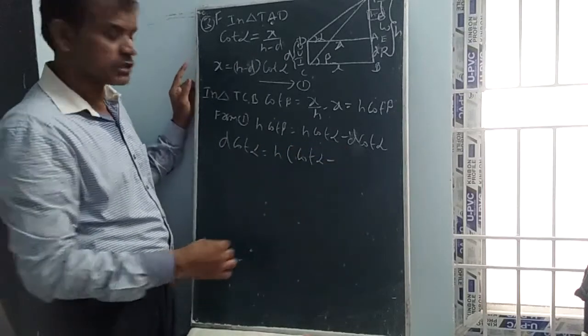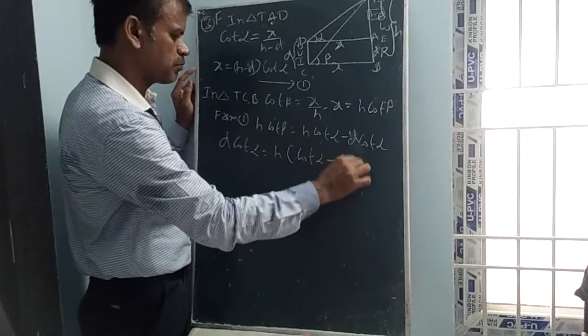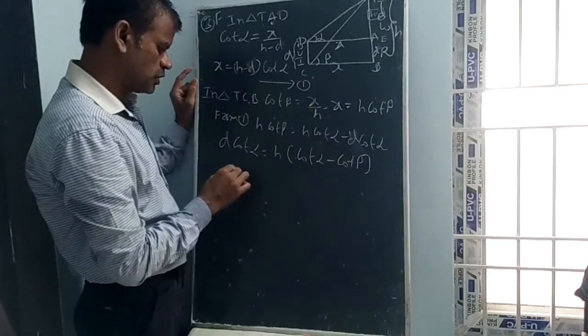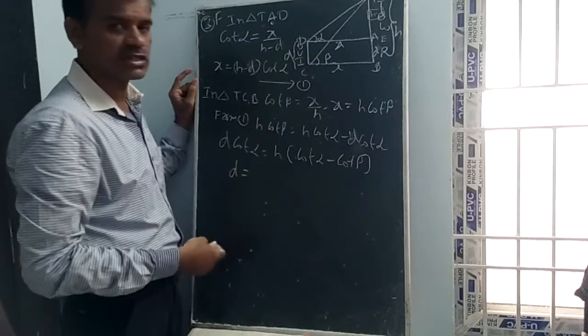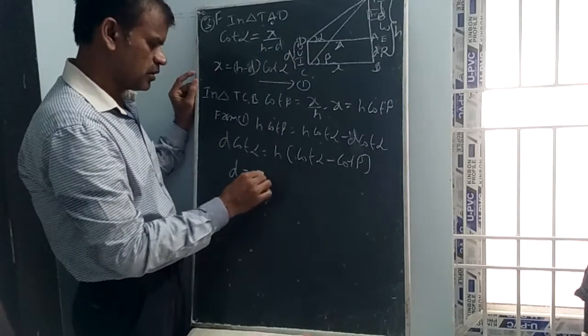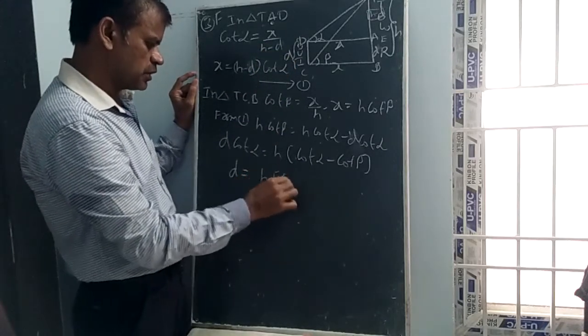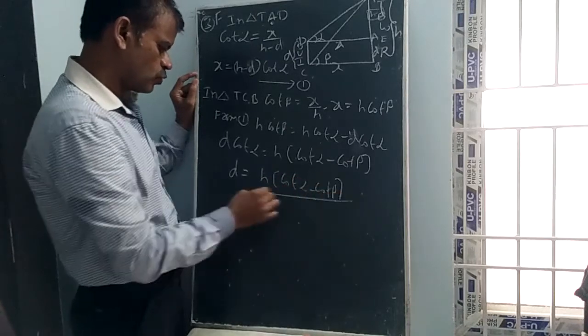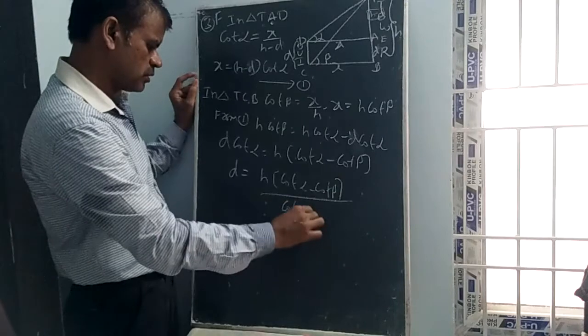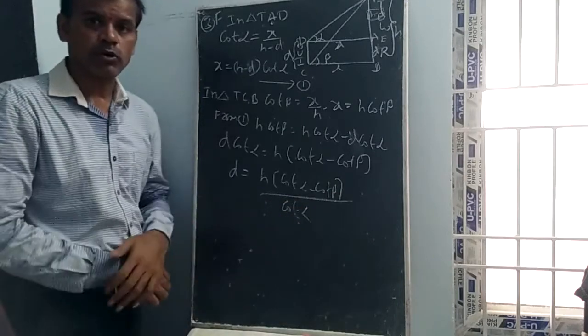So d, the height of the building, is equal to h into cot alpha minus cot beta whole by cot alpha.